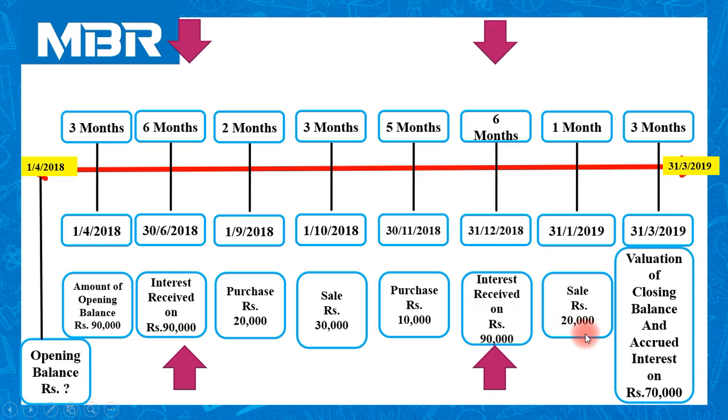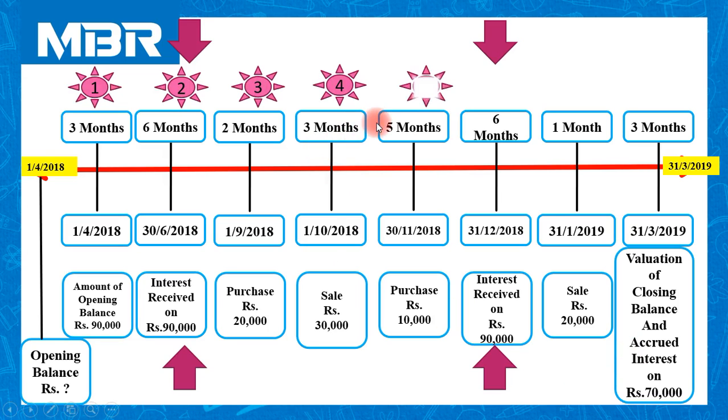So 90,000 minus 20,000 equals to 70,000. We can arrange the transaction in the sequence 1, 2, then 3, then 4, then 5, then 6, 7 and 8. Out of these 8 transactions, we have completed calculation of transaction number 1 before preparation of the flow chart.